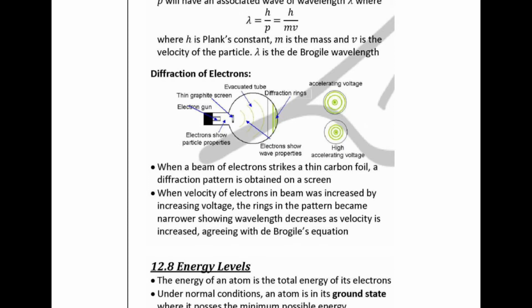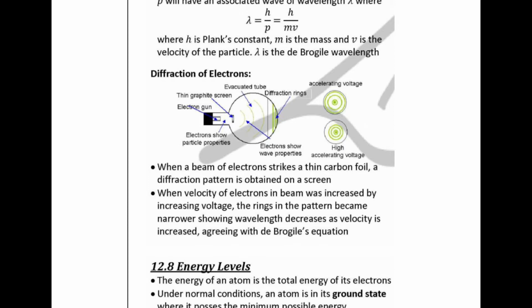They also say that when a beam of electrons strikes thin carbon foil, a diffraction pattern is obtained on a screen. The thin graphite is the thin carbon. When the velocity of electrons in the beam was increased by increasing the voltage, they move very fast. Then the rings in the pattern became narrower, so they don't diffract that much.